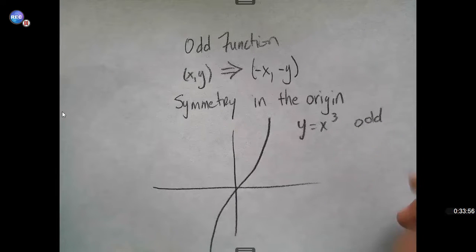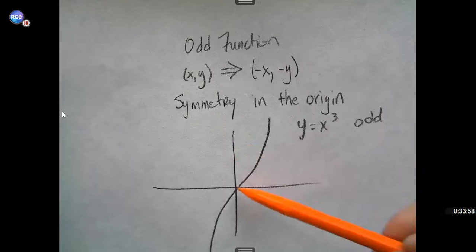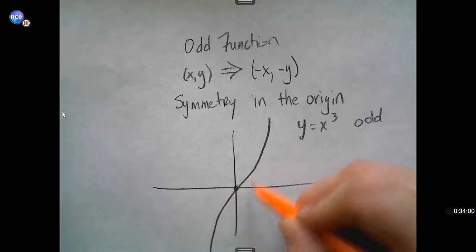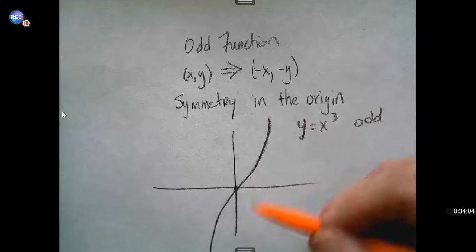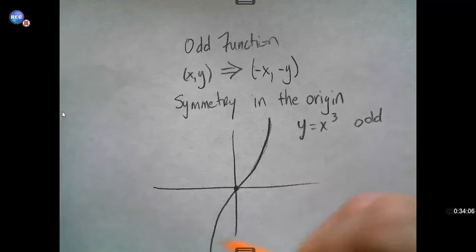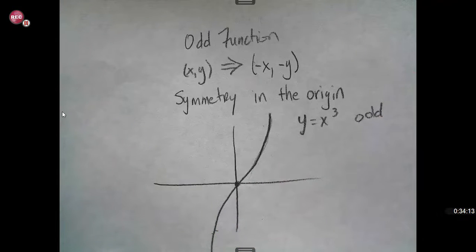Not just because of the odd exponent, but if you can imagine taking this part of my graph and flipping it over the x-axis and then flipping it over the y-axis, it's going to land on itself. And that means that there is symmetry in the origin. And so therefore it is an odd function, not just odd degreed, it's an odd function.